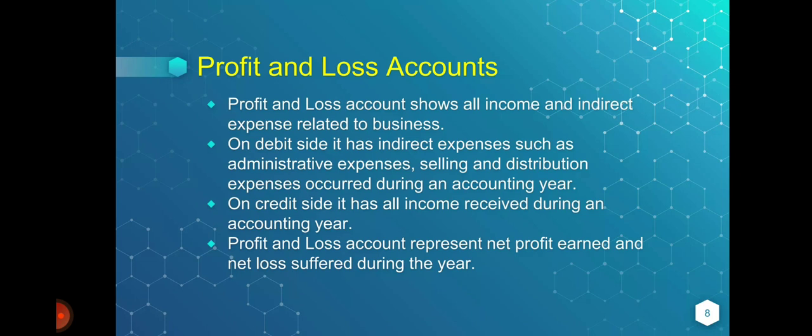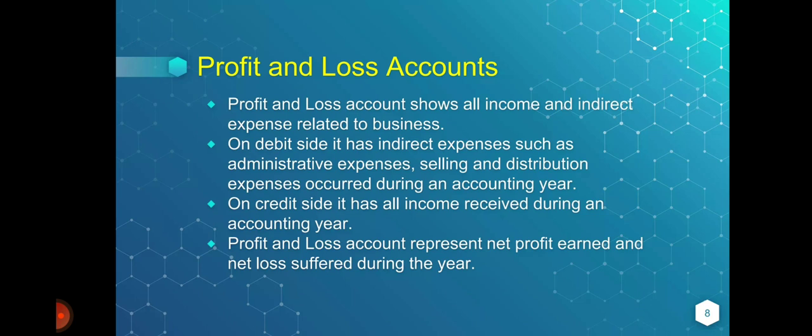Profit and loss account shows all income and indirect expenses relating to the business. So the profit and loss account shows all the indirect expenses and incomes of the company during the accounting year.